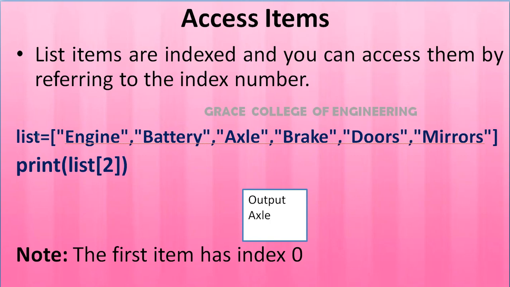Then if you want to access a particular element, you mention the index number. Please remember that the index value always starts from 0. So engine is the 0th index, the first index is battery and the second index is axle. Print list of 2. So the output is axle.